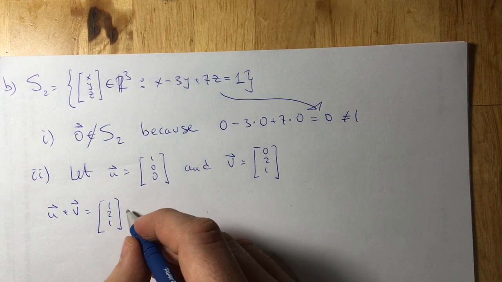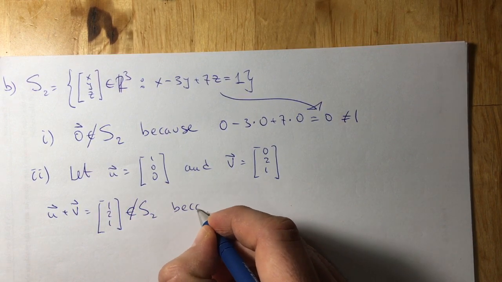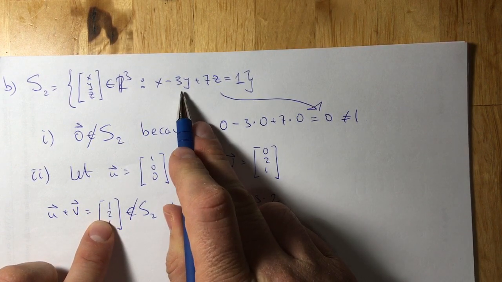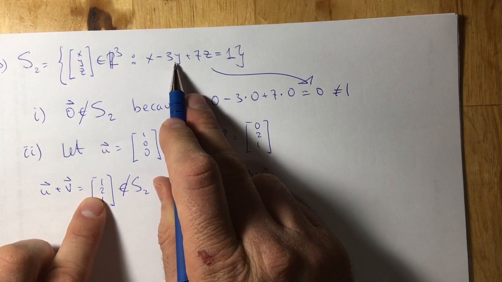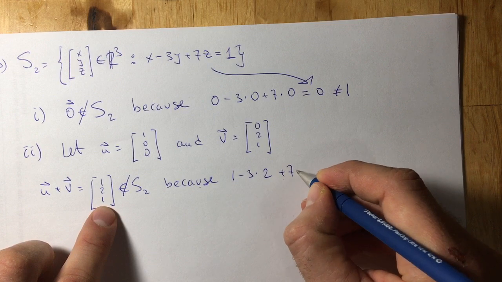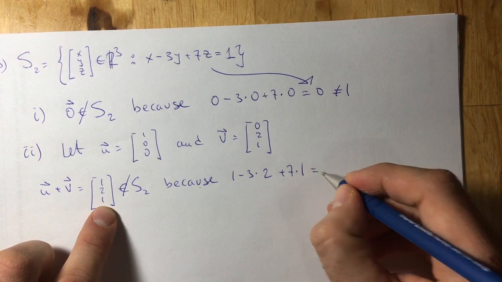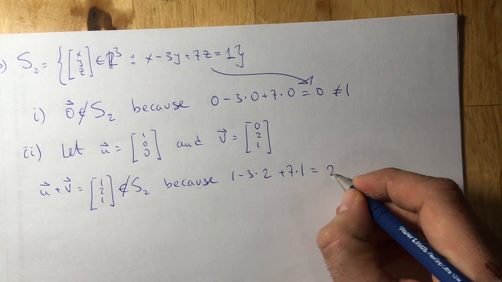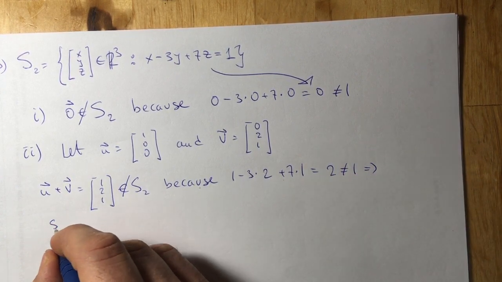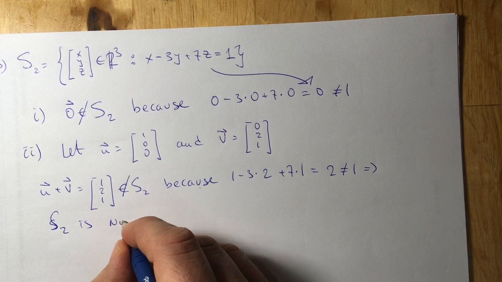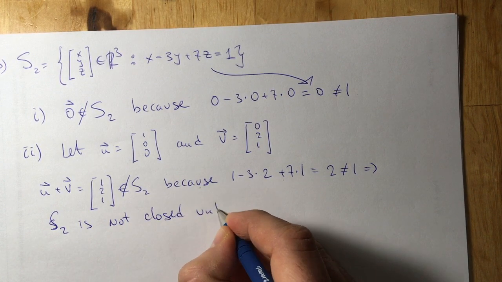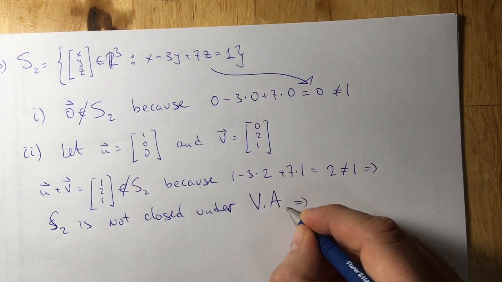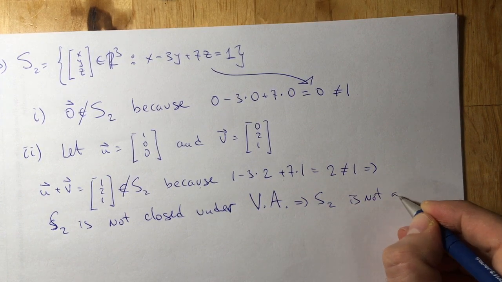And as you can see, this vector is not in S2 because 1 minus 3 times 2 plus 7 times 1 is equal to 1 minus 6, which is negative 5, plus 7, which is 2, so it's not equal to 1, which means that S2 is not closed under vector addition, which means that S2 is not a subspace.